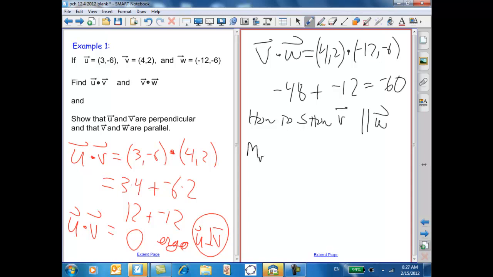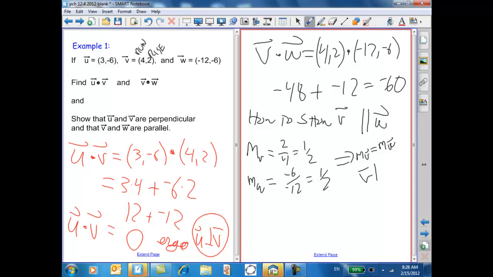We can look at the slope of V. What's the slope of V? 2 over 4, right? This is the rise and the 4 is the run. So be careful with that because it's put in x, y order. So 2 over 4 is a half. And the slope of W is negative 6 over negative 12, which also equals a half. Therefore, the slope of vector V equals the slope of vector W. So V is parallel to W.